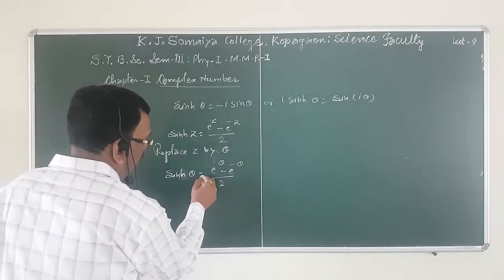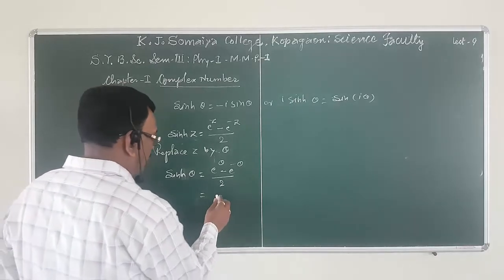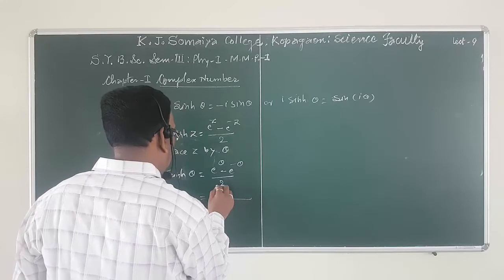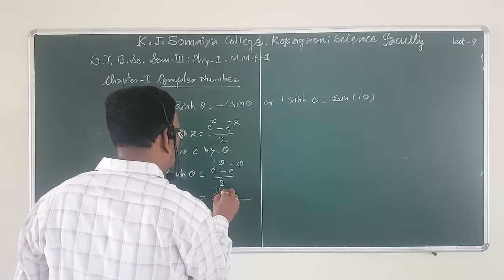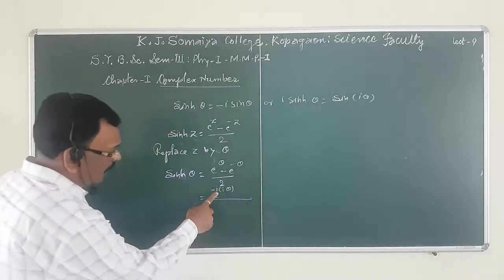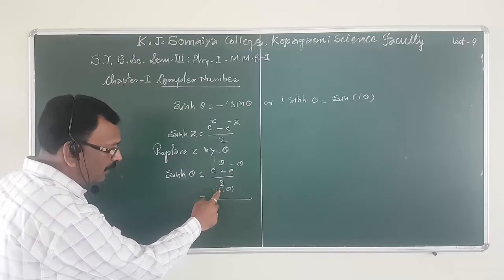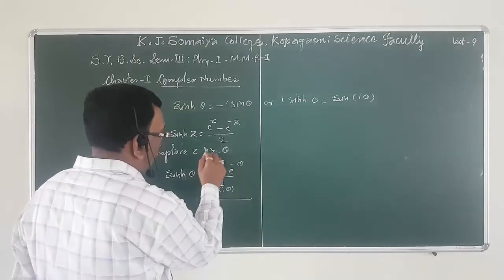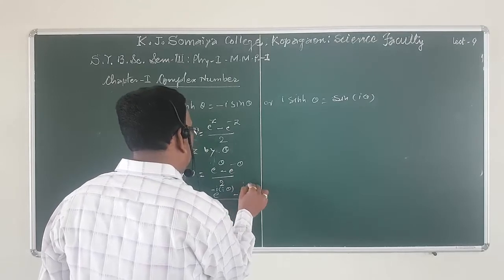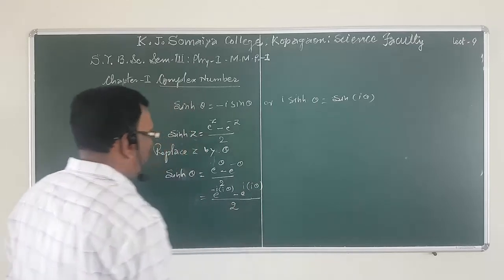Again here we make a little rearrangement, that is e raised to i into minus i times i theta, with i into i square, value of i square is minus 1, minus minus plus, that is again remaining the same. Similarly, minus e raised to i into i theta upon 2.